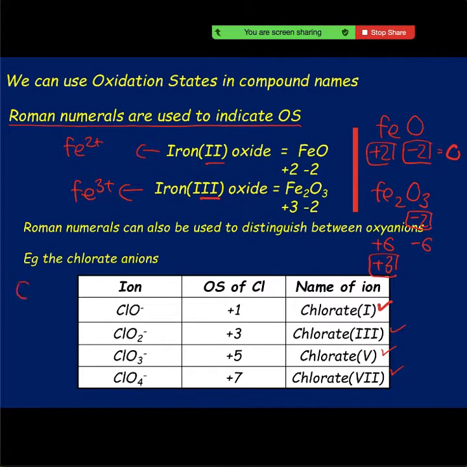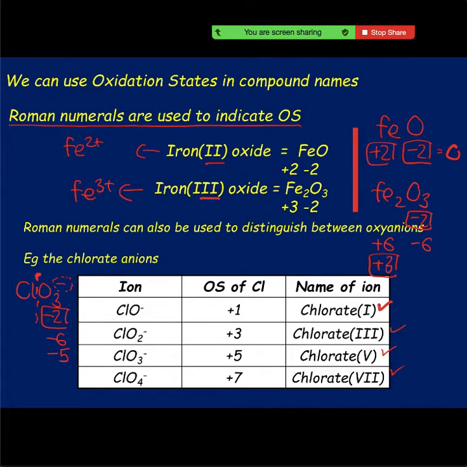Okay, so oxygen is always -2. 3 of them makes it -6. Because this negative is here, I have to have that negative left over. So by making this -5, I've now got that one negative left over. It won't be cancelled out.